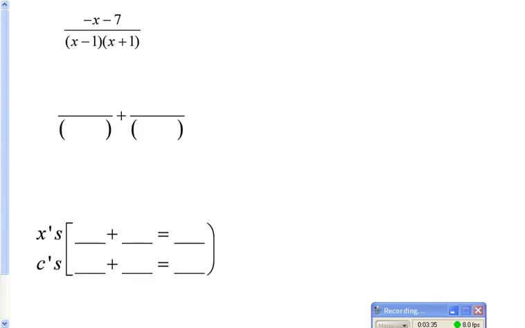So let's take another one. I'm going to split this fraction up into two fractions where the denominators are x minus 1 and x plus 1. And my numerator when I get finished has to be negative x minus 7. So I'm going to call my numerators now a and b.